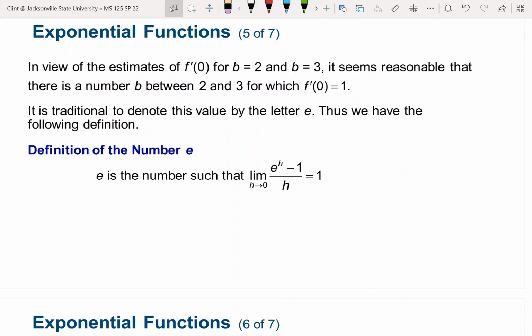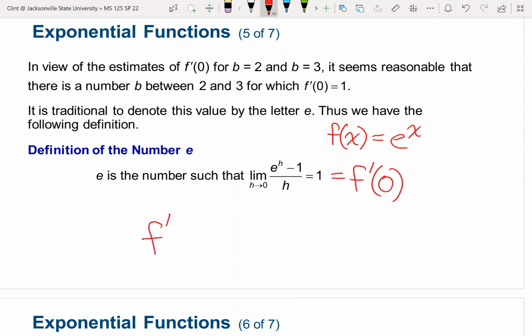So what does that mean? So remember, if f of x is e to the x, then this limit is f prime of 0.